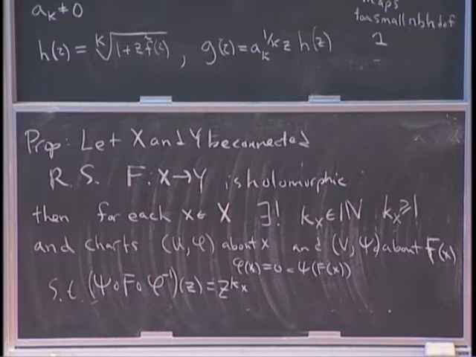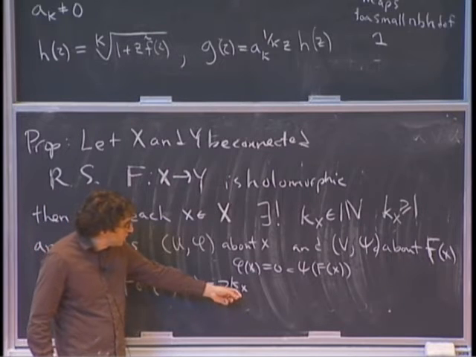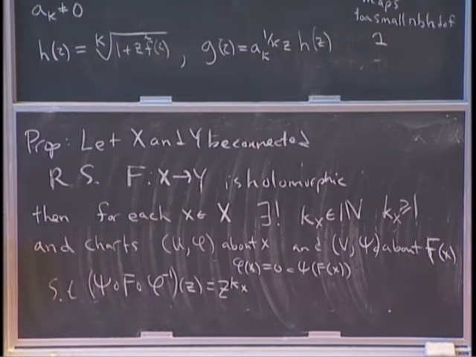Okay, so this is pretty nice because it tells us that basically, at least locally, for any holomorphic map, there's essentially only one piece of information we need to keep track of, which is this non-negative integer k of x.